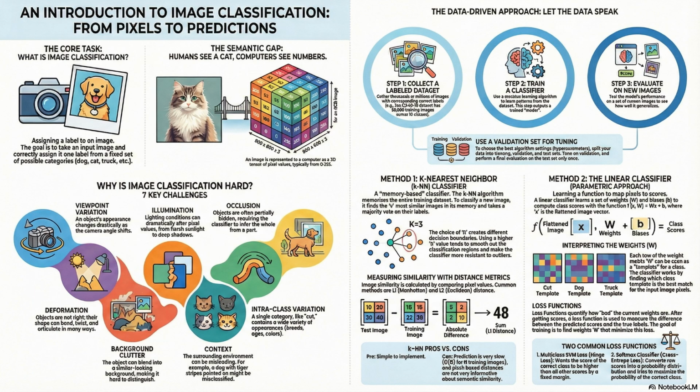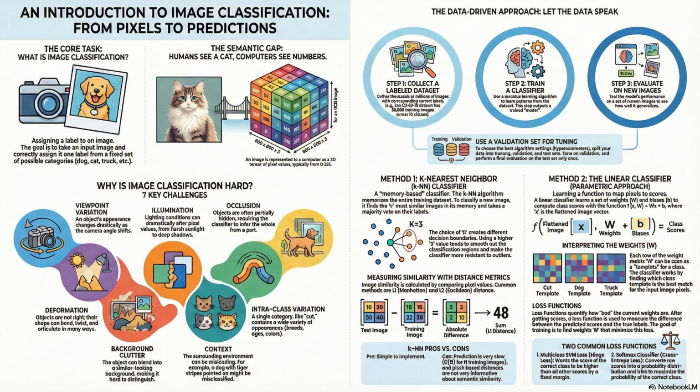And the reason that's so hard is because of what we call the need for invariance. Meaning the algorithm has to know it's a cat, even if all those numbers change dramatically? Yes. Think about it. A cat facing you versus a cat facing away, that's viewpoint variation. The pixel values are completely different. Or a cat in bright sunlight versus one in a dark room, that's illumination variation. Then there's occlusion.